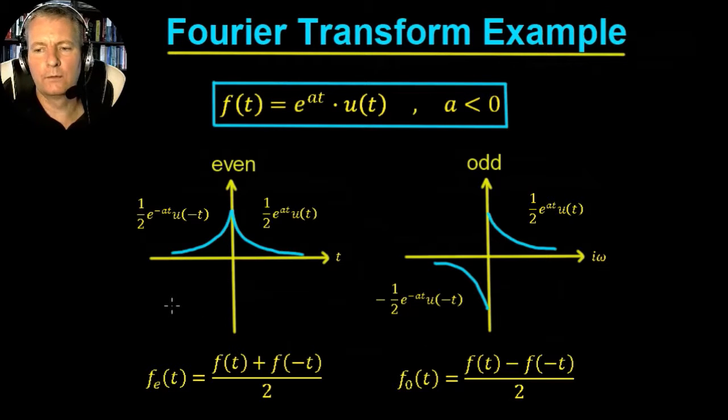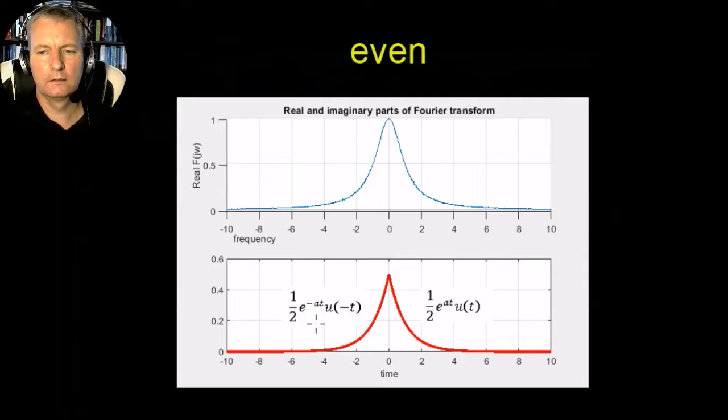So let's have a look at the even component here, and have a look at the Fourier transform of this function. So here's the function, the even component. And this is the Fourier transform here, and you can see that the Fourier transform is a purely real function of the frequency.